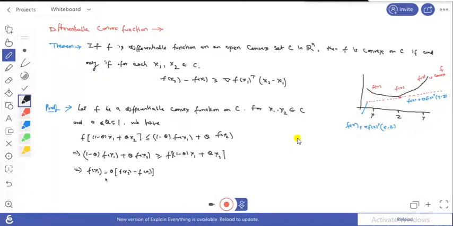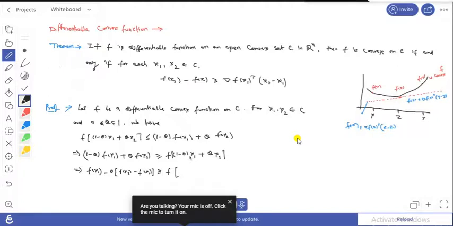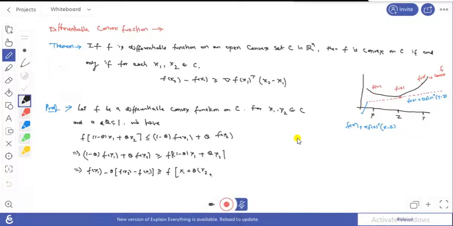So f(x1) minus... Sir, someone is trying to join the class. f(x1), if you multiply here f(x1), and here if we take theta common, this is theta of f(x2) minus f(x1), and this theta equals, if we take x1 minus theta of x1, so we can write here x1 plus, if we take theta common, x2 minus x1.